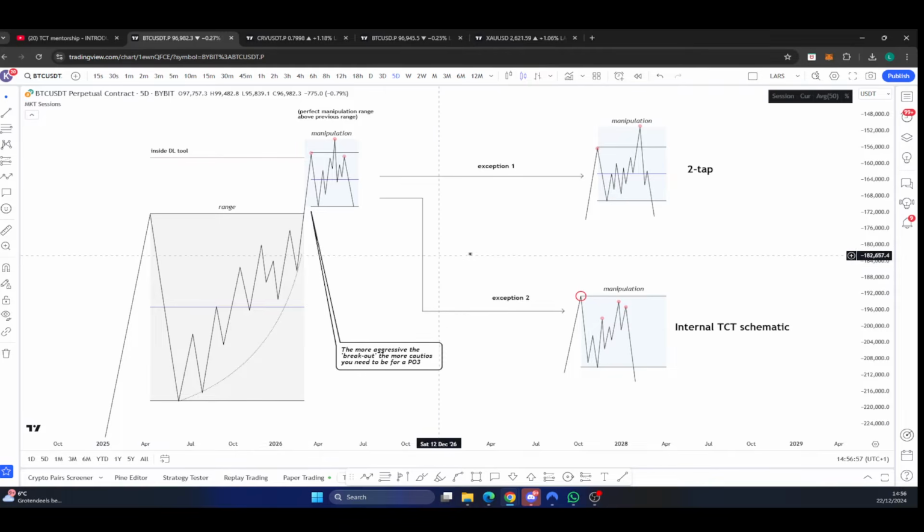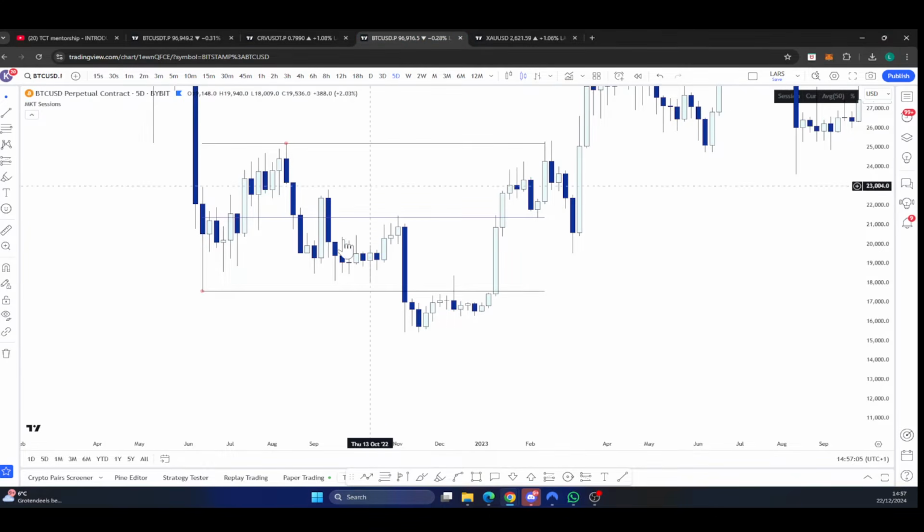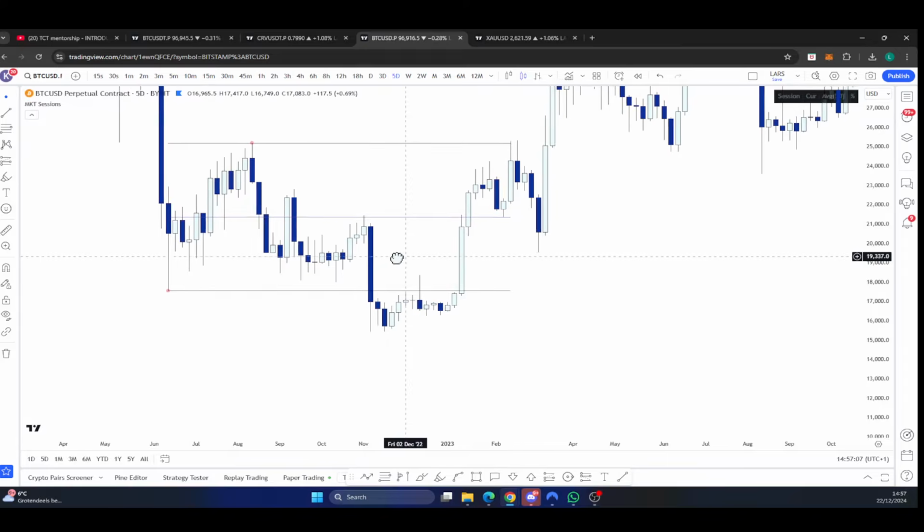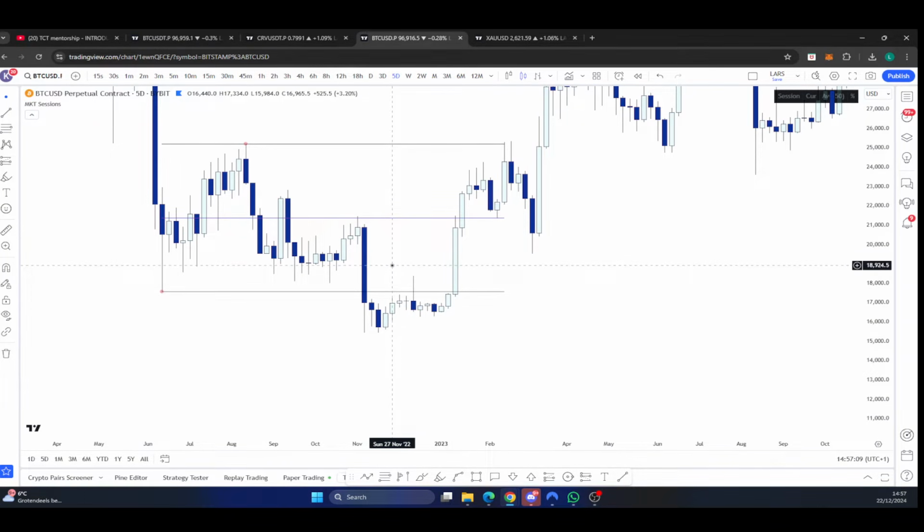Let's go back to the example. The more aggressive the breakout, the more cautious you need to be for a PO3. So while the entire market was stressing, thinking that we're going to reach targets of 8 to 10K Bitcoin, we were simply setting ourselves up for our macro bottom.